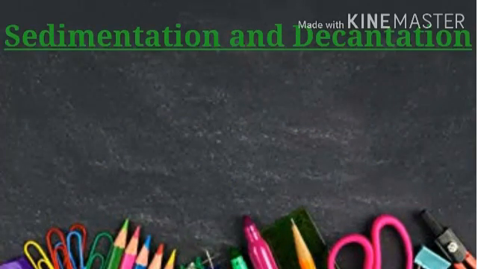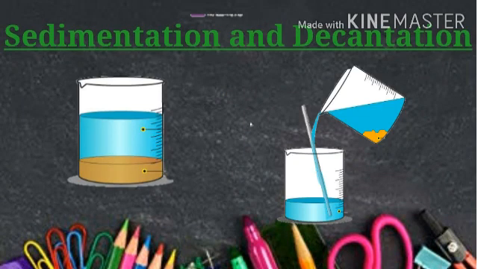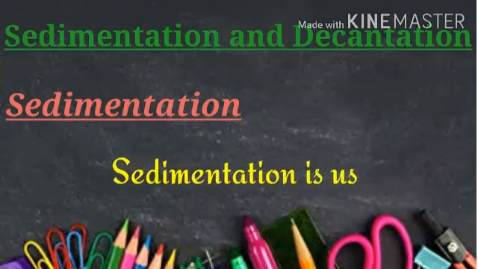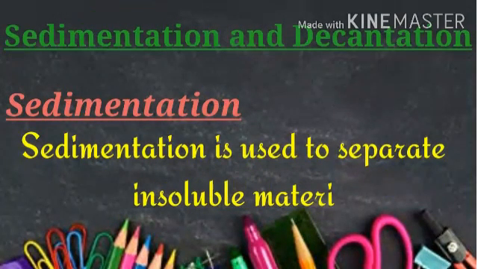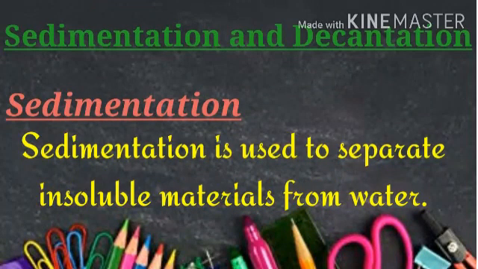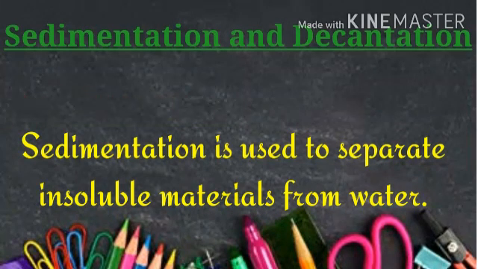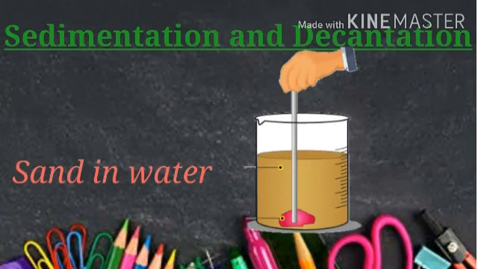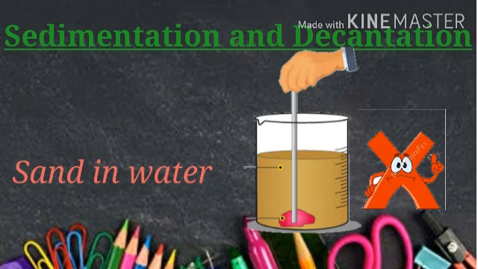Next method of separation is sedimentation and decantation. Sedimentation and decantation are two different processes, but they are performed combinedly. Sedimentation is a process by which we can separate insoluble material from water. What do you mean by insoluble material? Insoluble materials are those materials which do not get dissolved in water, like sand. So if you try to mix sand in water, sand does not get dissolved in water, isn't it?